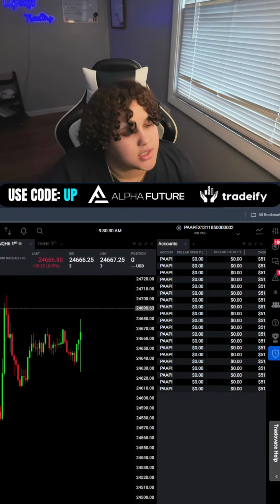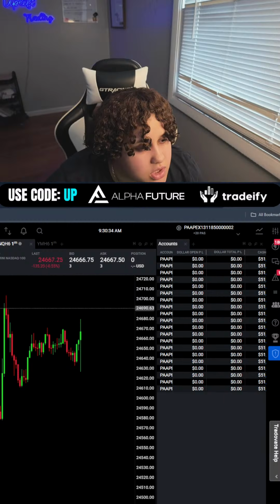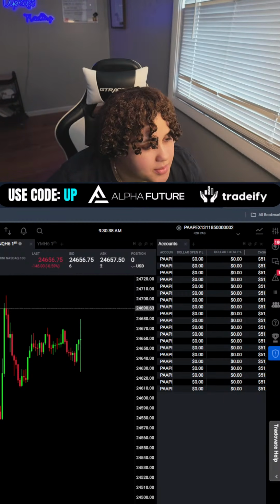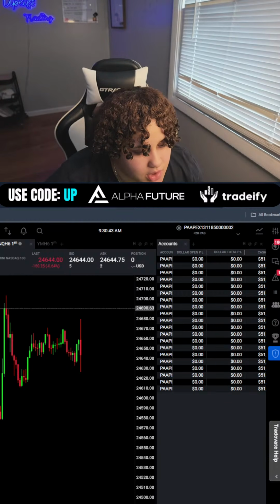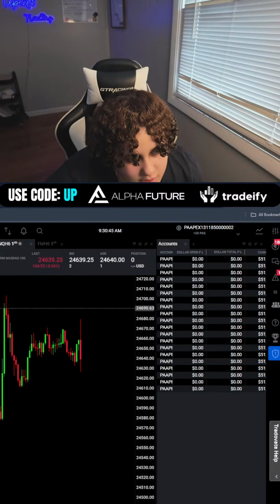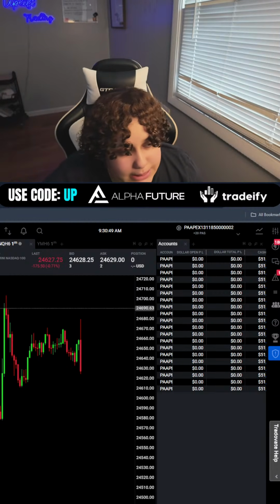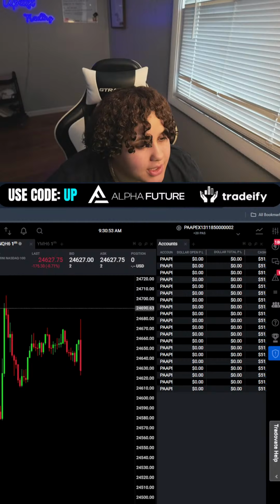30 more seconds. The opening on US 30 looks way nastier than Nasdaq. So if US 30 closes above 649, which it looks like it's gonna do, then I would have taken longs. Obviously though, this is going up already.